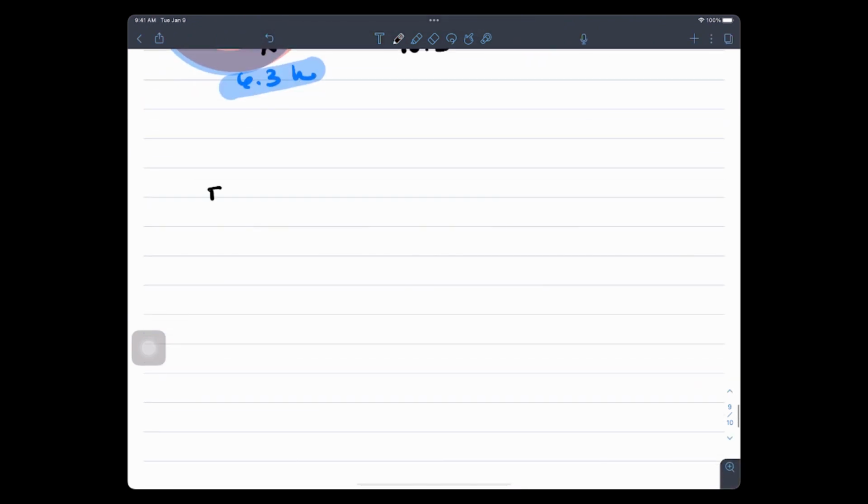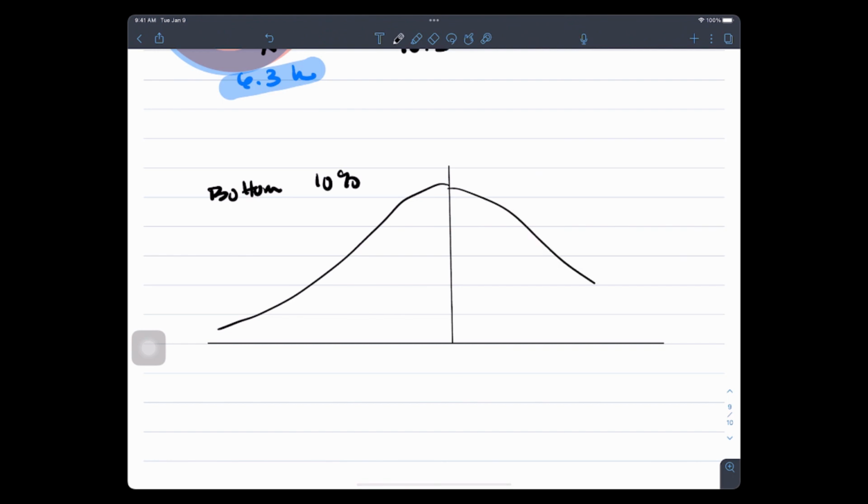Now, what's the last one we haven't done yet? What if they tell you the bottom 10%? This is 0.10.